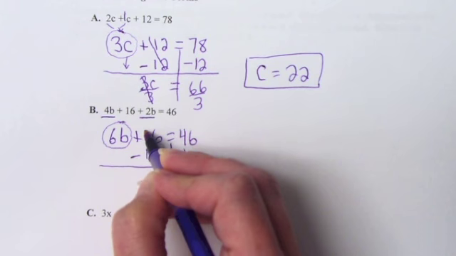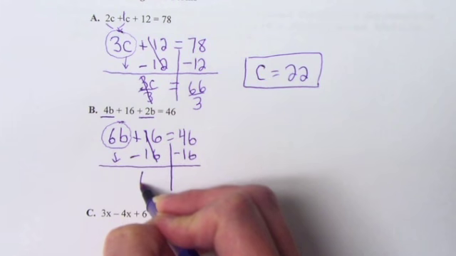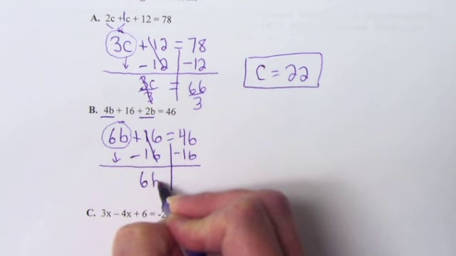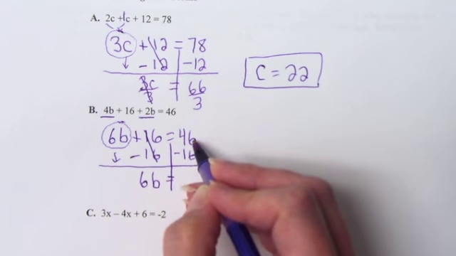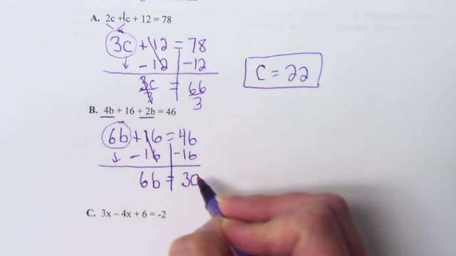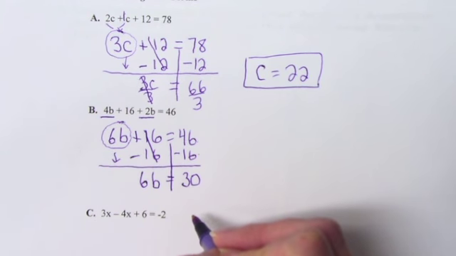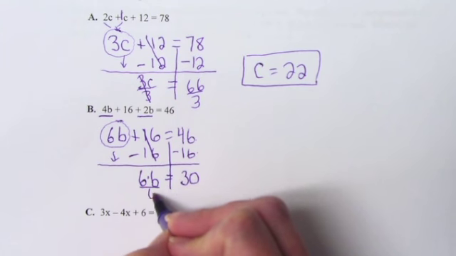We cancel out our 16s, bring down our 6b. Try and keep my 6's and b's from looking alike here. And then we have 46 minus 16, that's going to give us 30. And then we go ahead and get the b by itself, so we're going to divide by 6.